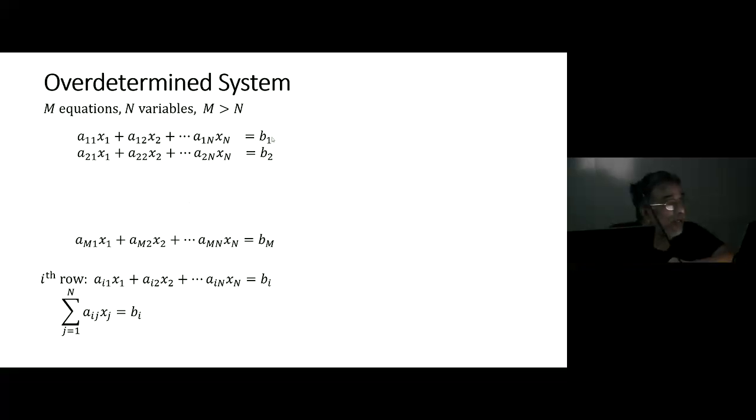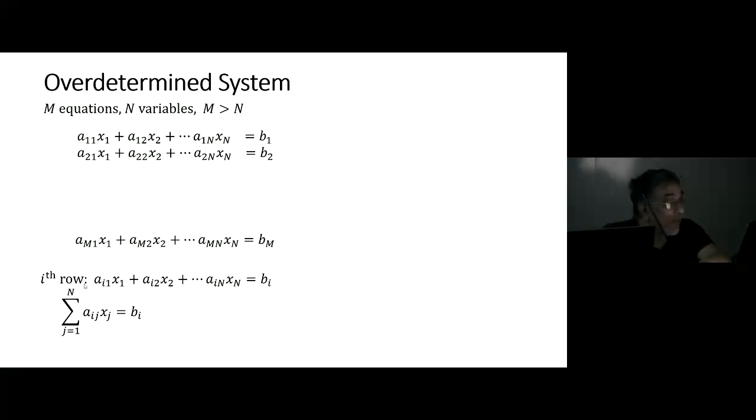So I have B1 through Bm here. All the A's are the coefficients. And how many variables do I have? X1, X2 until Xn. N as in Nebraska or New York. So we have more equations to satisfy than the number of variables. We cannot find an exact solution.